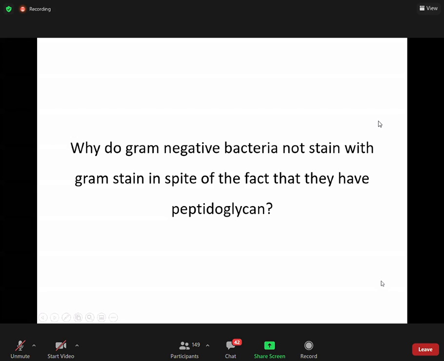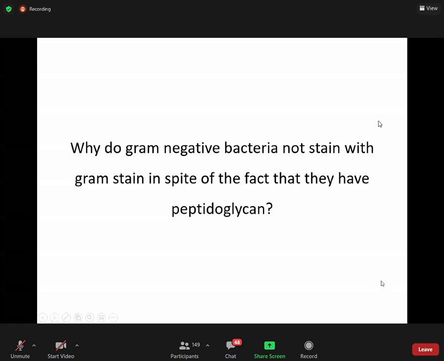Both have peptidoglycan, but the peptidoglycan layer in gram-positive bacteria is thicker than in gram-negative bacteria, right? So basically, the thicker cell wall means that it doesn't decolorize. Whereas the thinner one decolorizes, so the gram stain washes off. But if it's thicker, it's retained, so it will still keep the stain.